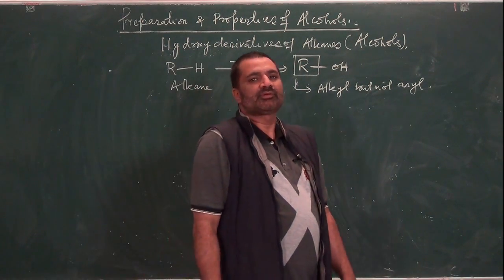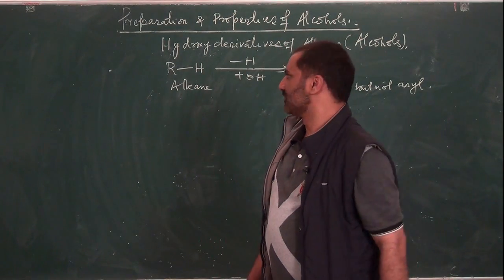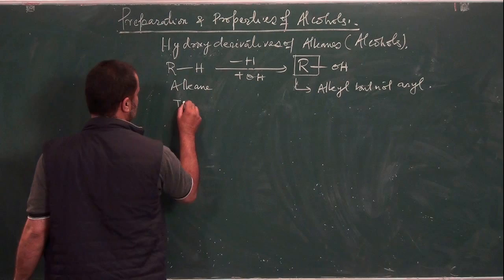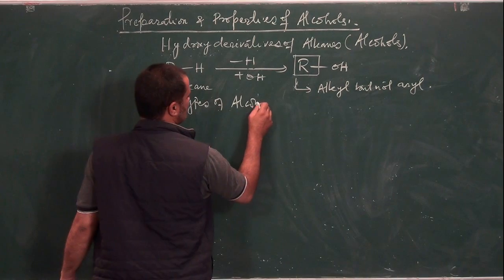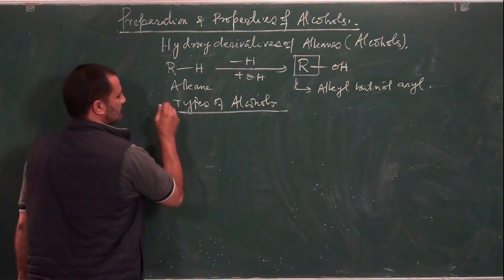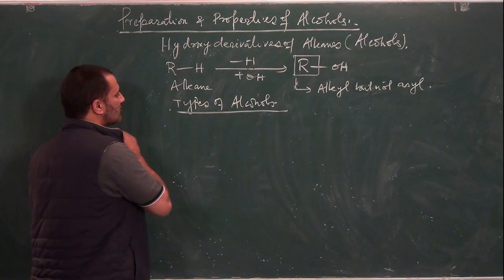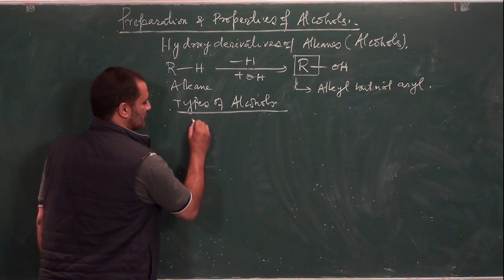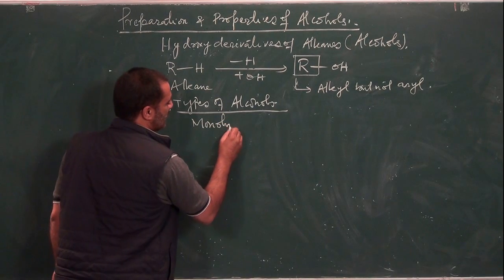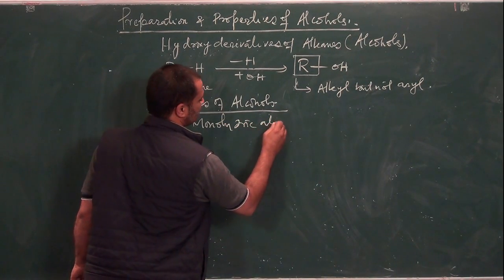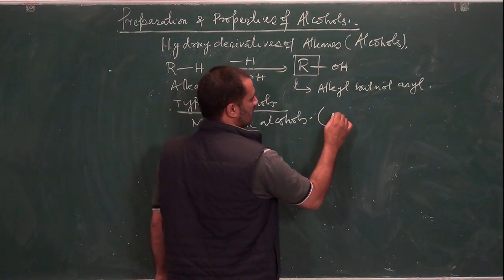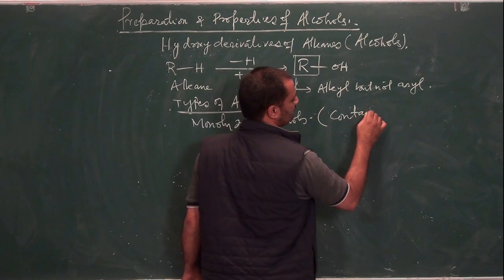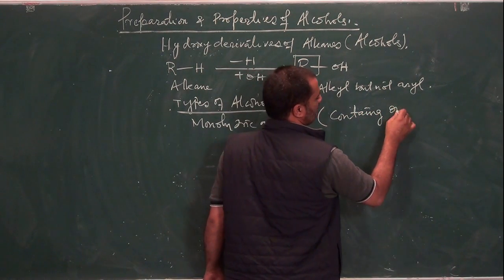So there are types of alcohols. Monohydric alcohols, containing one OH group.